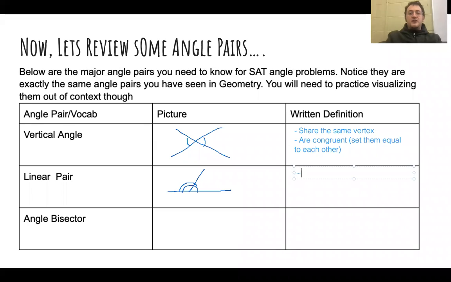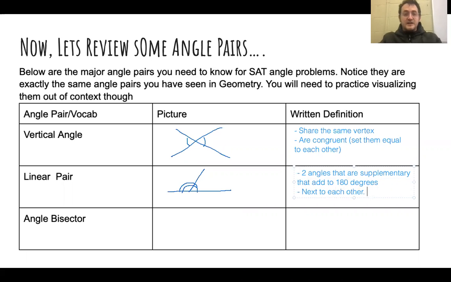So a linear pair are two angles that are supplementary, that add to 180 degrees, and they are next to each other. Additionally, what you may see on the SAT sometimes are linear triples, which are like the linear pair, except instead of two angles, they are three angles.